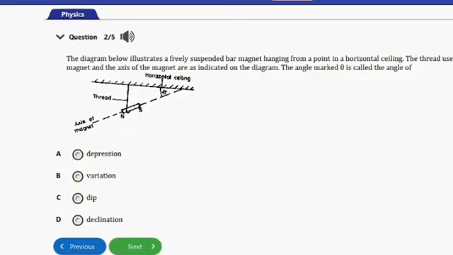The angle marked theta is called the angle of A. Depression, B. Variation, C. Dip, D. Declination. So guys, the answer to this question here is option C, that's dip. So this is called the angle of dip. And that's it for this question. Let's go ahead and consider the next question, guys.